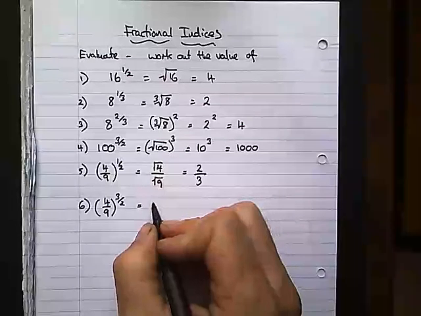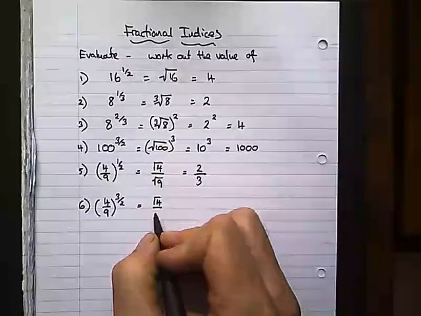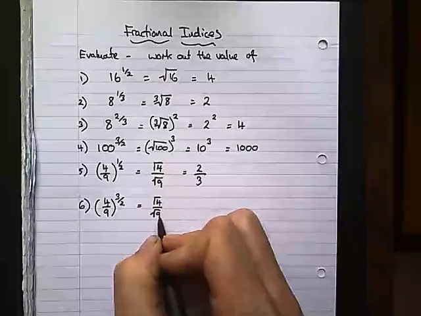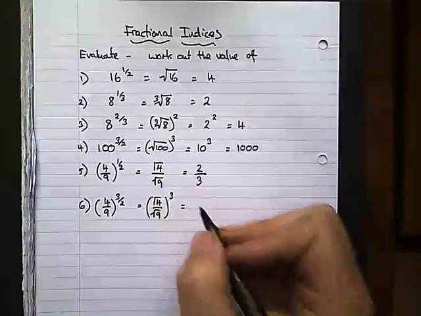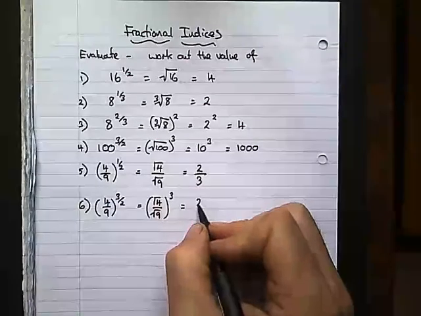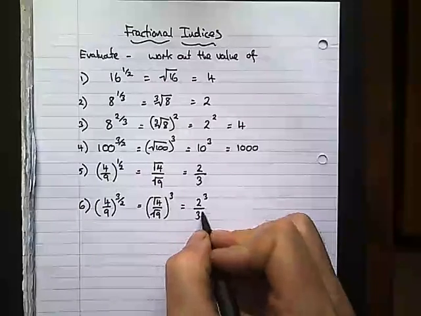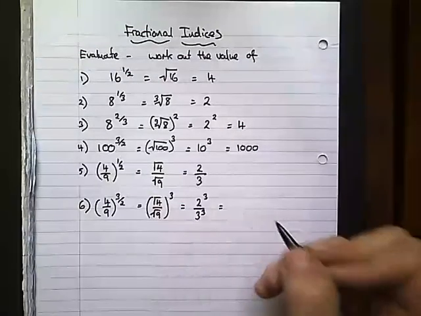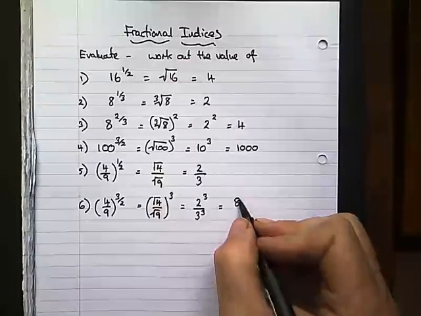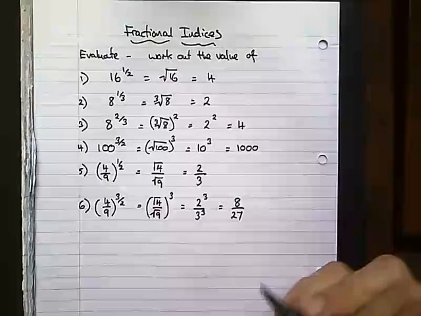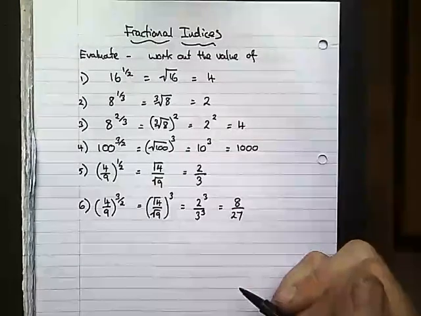So I want the square root of 4 divided by the square root of 9, and then I want to cube the answers. So that's the same as 2 cubed over 3 cubed. 2 cubed is 8, 3 cubed is 27. So that's me evaluating that question.